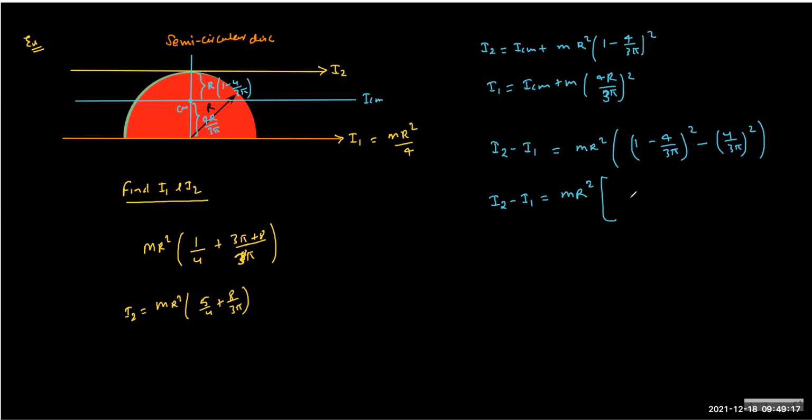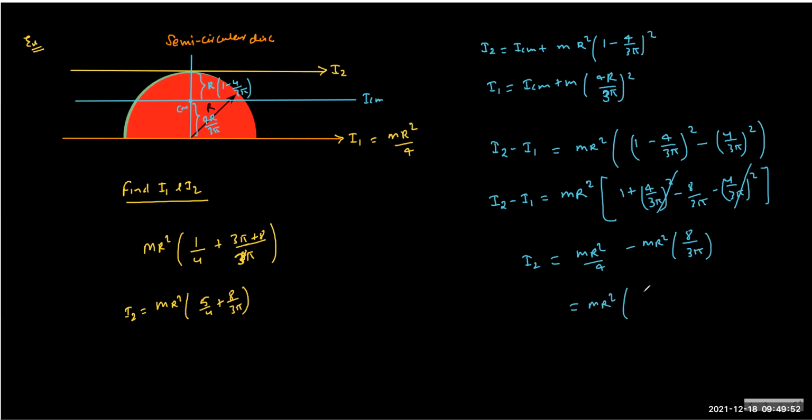I2 minus I1 is m r square, and then you can expand, a squared minus 2ab. So I2 will be... I'm getting a different answer.